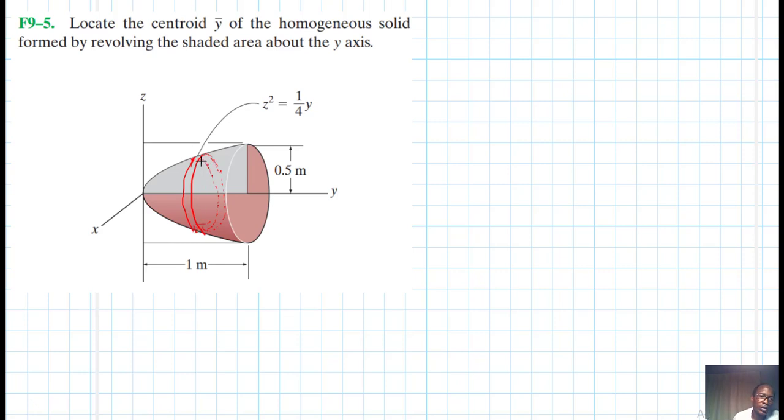Okay, there we go. So we've gotten this. This is our thickness, and this is the radius. Call this radius r. So this is going to have some thickness along the y axis.